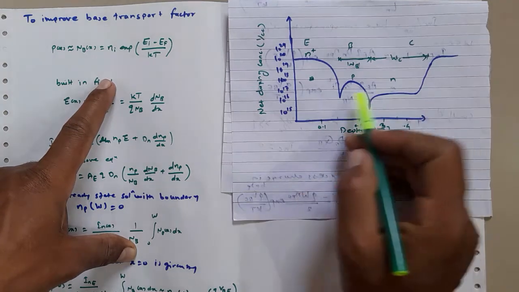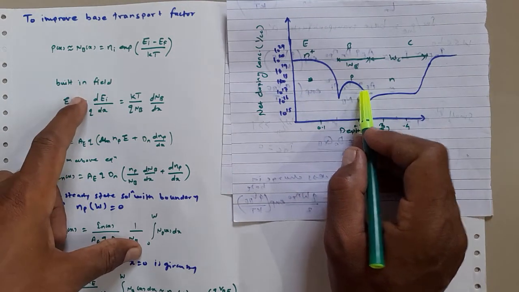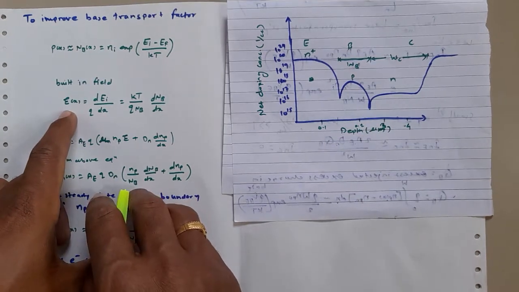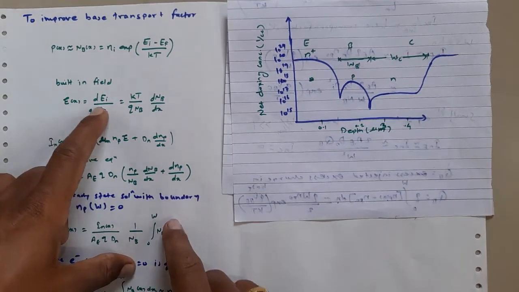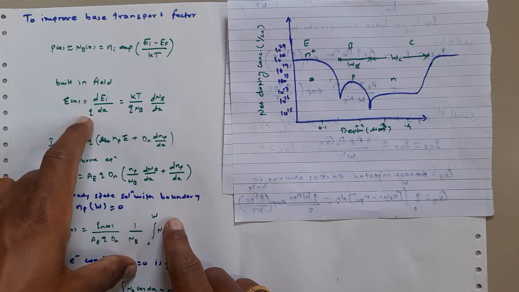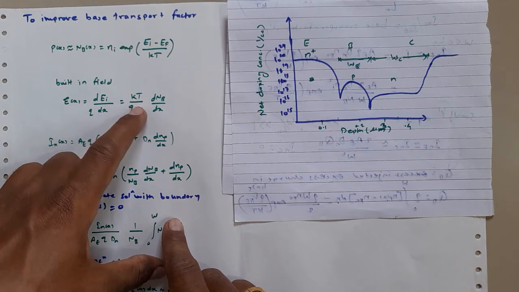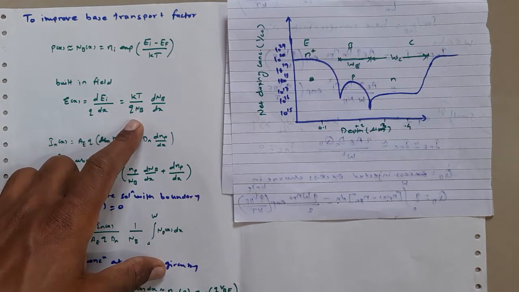Now since the Fermi energy level Ef is flat in the neutral base, the built-in electric field is given by the gradient of the intrinsic energy level divided by the charge, that is 1 by q times the gradient of Ei, which equals kT by q nb times dnb by dx.